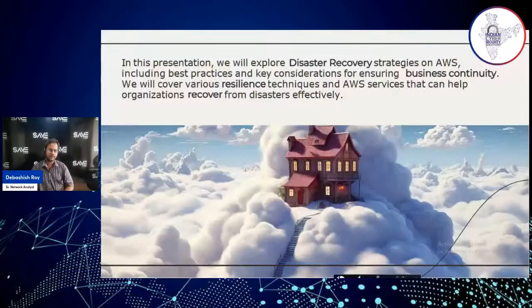So we'll master the disaster recovery strategies on AWS. Disaster recovery means backup. When you have any resources on the cloud, definitely you should take a backup because anytime the resource may fail. And if the resource fails because of some, say, natural disaster, definitely you will lose your resource. So we'll explore the disaster recovery strategies on AWS here, including best practices and key considerations for ensuring business continuity.